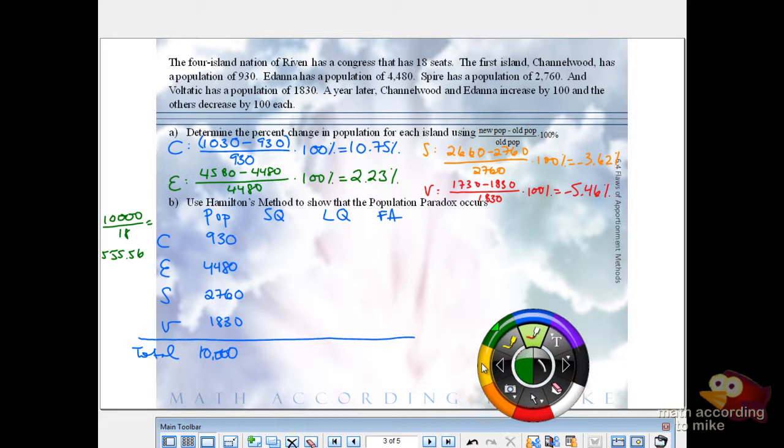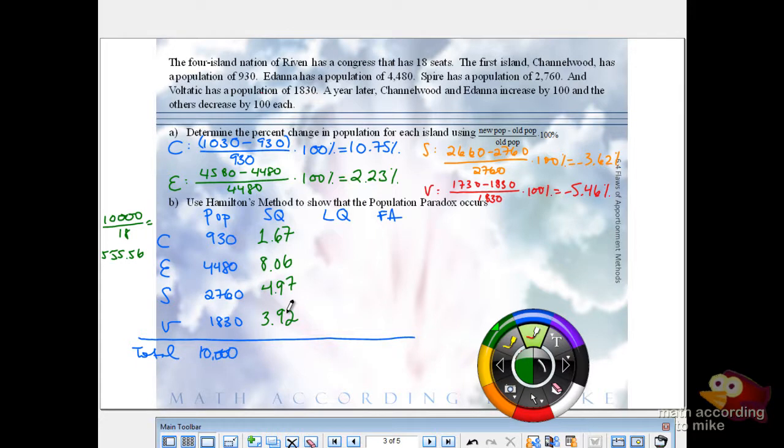All right, so we're going to take each of the populations, divide it by a healthy 555.56. I got 1.67, 8.06, 4.97, 3.92.